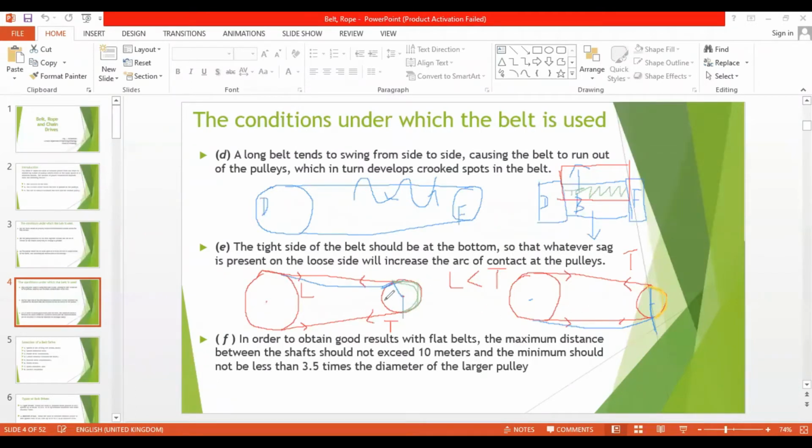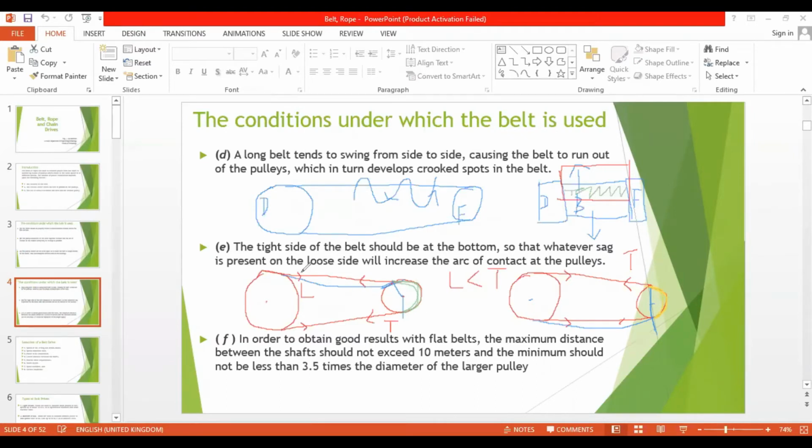In this case, if the tight side is at the bottom and the loose side is at the top, what will happen? The arc of contact would be increasing. If the arc of contact is increasing, the power transmission will also be increasing. So that is beneficial.